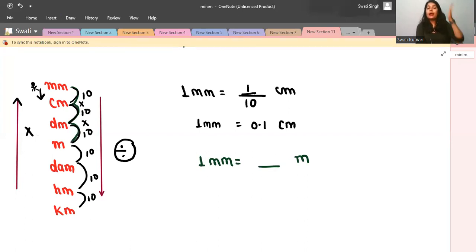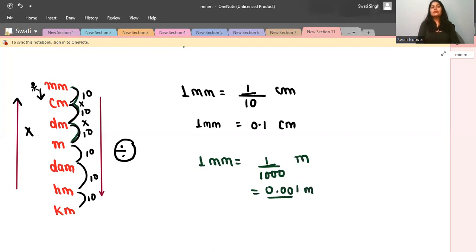So you have covered 1000. But are you coming down or going up? You are absolutely coming down. So again, this will become 1 upon 1000. If you want to convert it into decimal, this will become 0.001 meter.